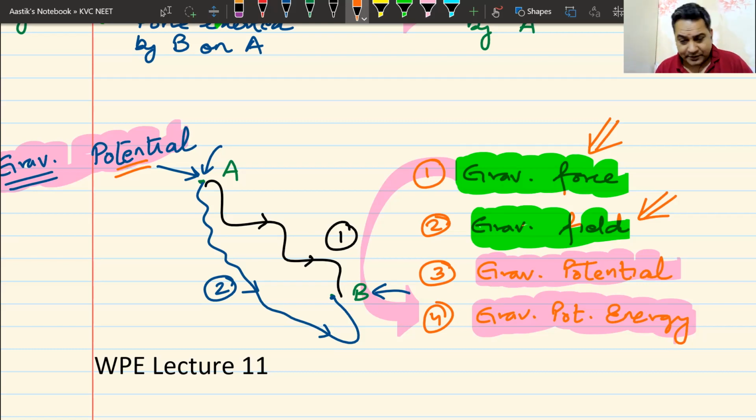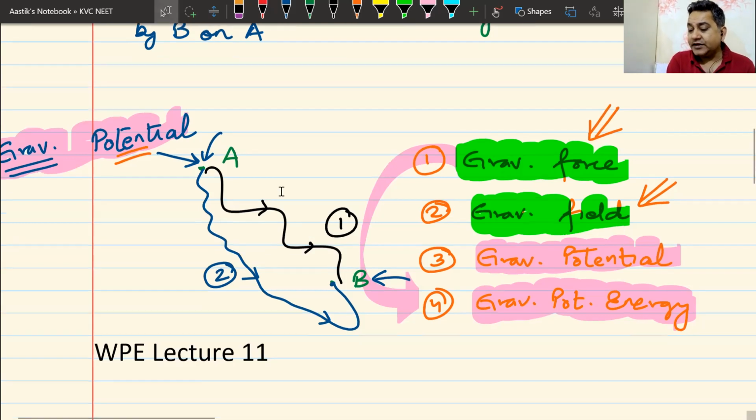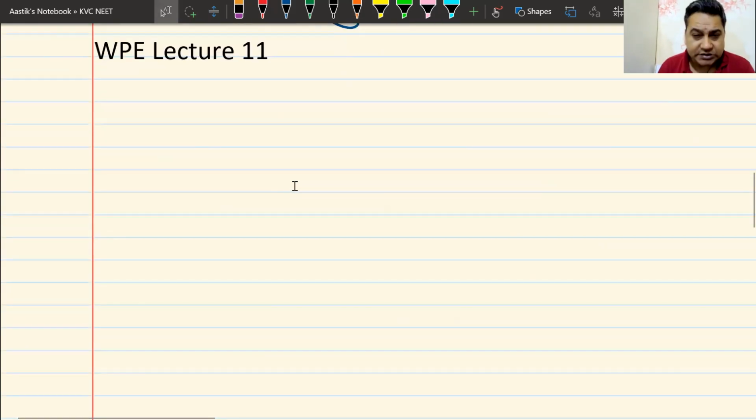Now, if I place a body at that point, that potential becomes potential energy or gravitational potential energy. And that is what we are concerned about, potential energy or gravitational potential energy.